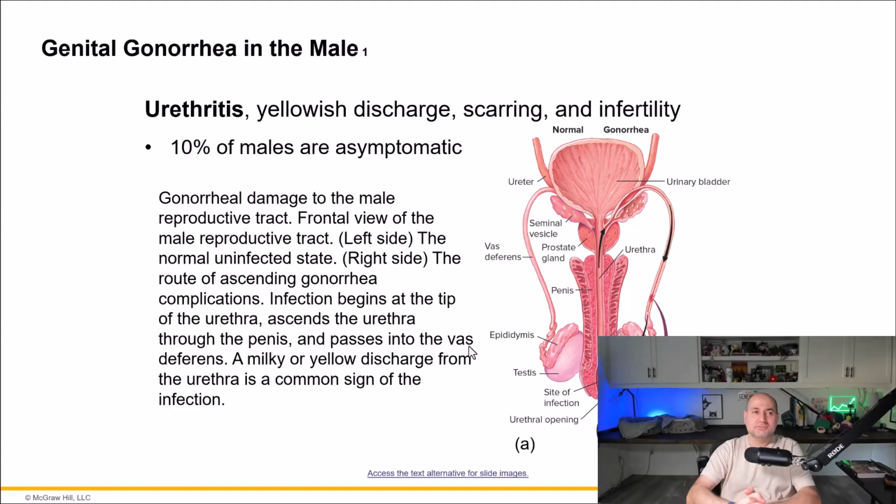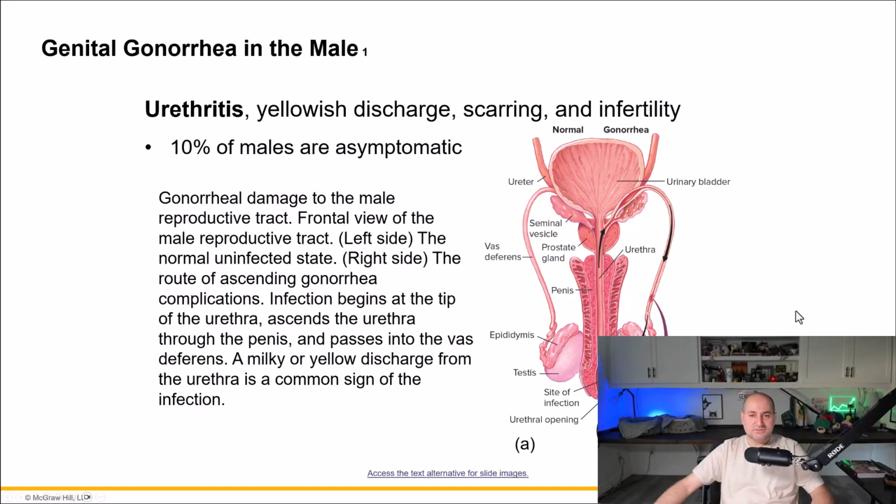Now, what happens when a male contracts gonorrhea? This is known as urethritis, which is infection of the urethra, basically. The urethra is the passage that urine takes out of the body through the genitals. The urethra has a yellowish discharge, scarring, and can even lead to infertility.